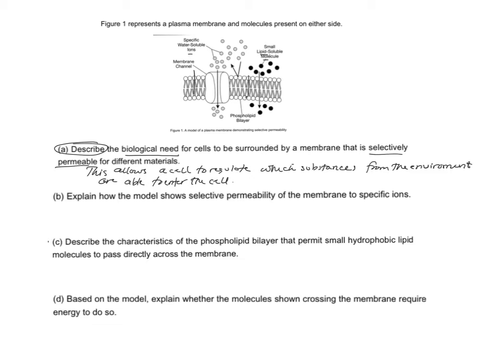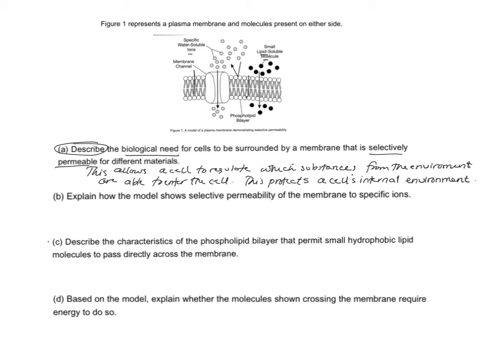And this is important to keep things that are toxic out and things that are needed allowed to come in easily. And ultimately, this protects a cell's internal environment, keeps it constant.